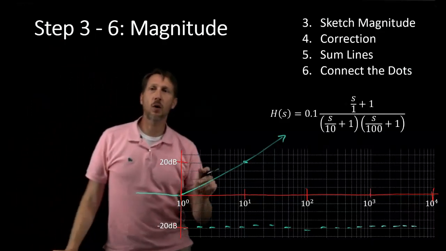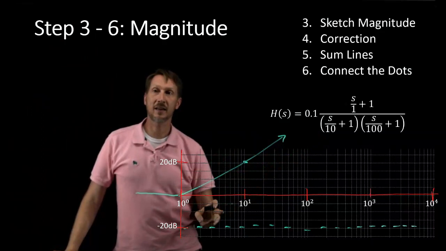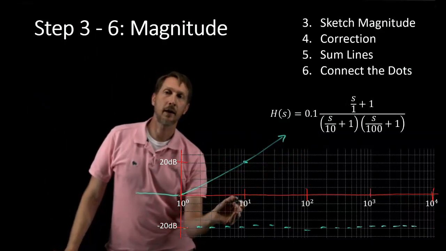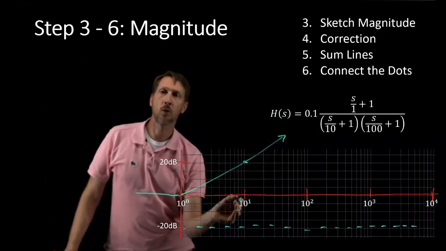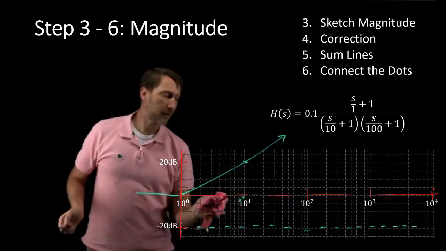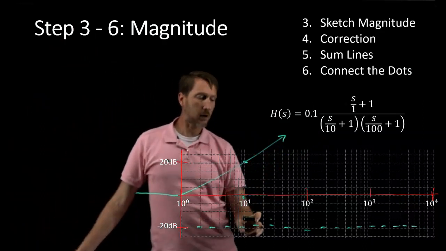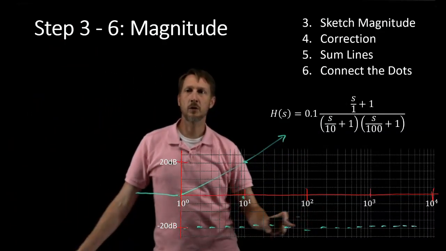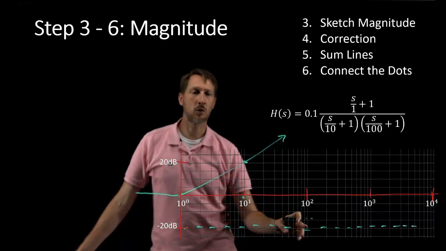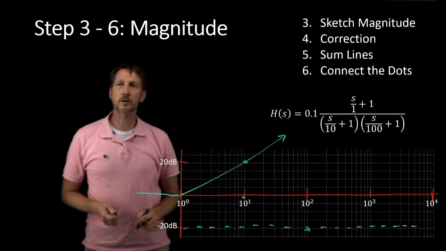So we're going to go out to omega of 10, which is 10 to the 1. And from here, we are going to go down at negative 20 dBs per decade. We've already got our negative 20 line marked with our constant.